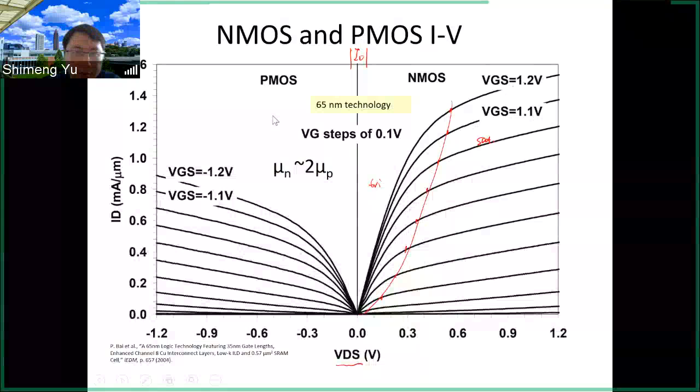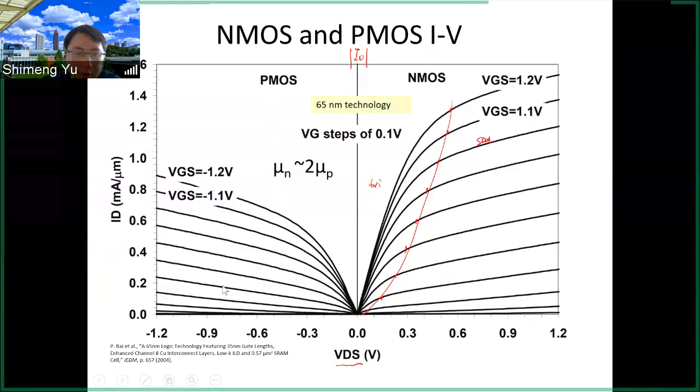So for the PMOS here, everything is reversed. So you need to apply negative voltage, for example, negative 1.1, negative 1.2, to turn on the PMOS and get the current like this. And also the VDS will be towards the negative side.